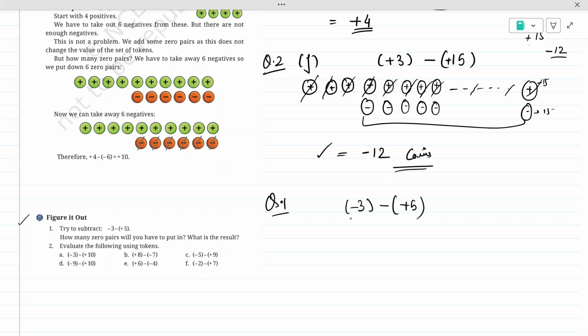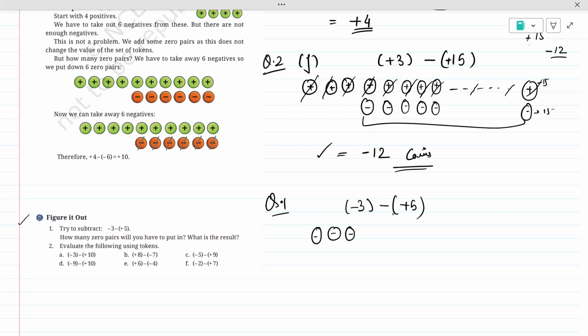So how we have to do? We have 3 minus coins, 1, 2 and 3. And we have to subtract plus 5 coins from this. Okay, so when we are going to subtract plus 5 coins from this, we don't have plus 5 coins here. So since we don't have plus 5 coins there, what we are going to do?